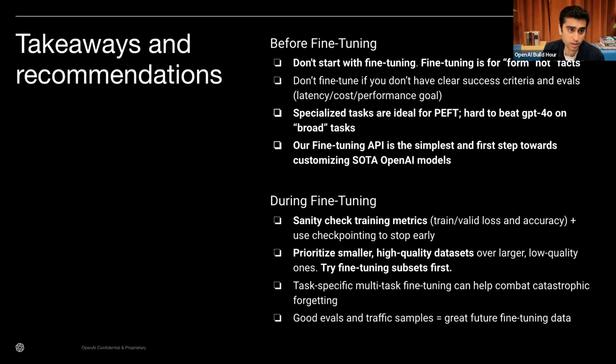During fine-tuning, one of the best practices I highly recommend keeping in mind is to make sure that you sanity check training metrics. These are the training and validation loss and accuracy. You'll usually get these metrics when you're fine-tuning through the platform, as we showed in the example. After fine-tuning, you can also retrieve the result file, which will give you a list of those metrics. You can use these metrics during the fine-tuning process to stop early.